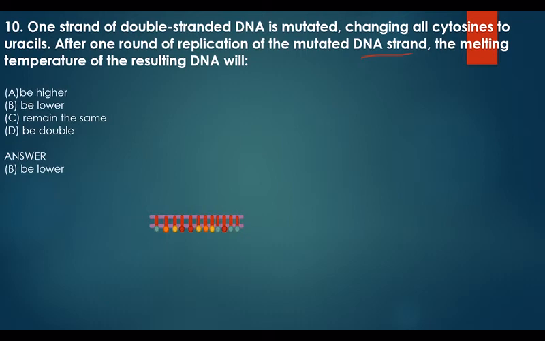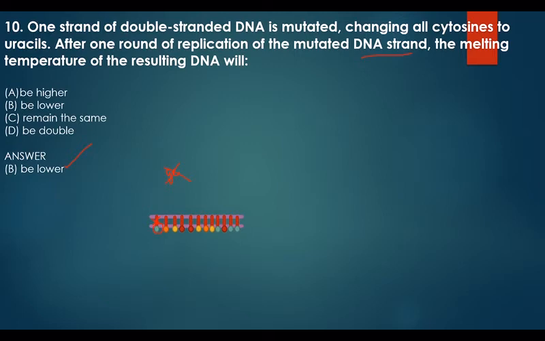So changing all cytosine to uracil, what happens? The GC bond will not be there. Because G only binds with C by 3 hydrogen bonds. So all GC bonds will be disrupted. So if there are fewer GC bonds, then the DNA will be unstable. So the melting temperature will be low. At a lower temperature itself, the DNA will be melted. So the answer is lower.